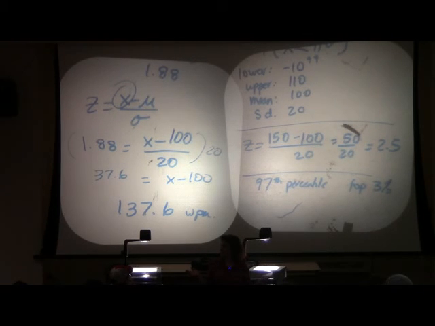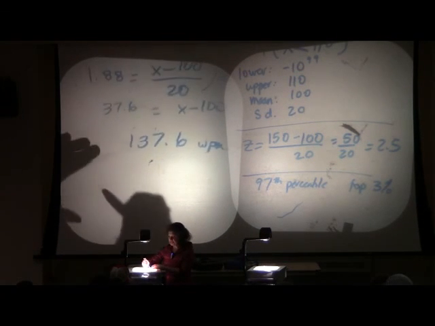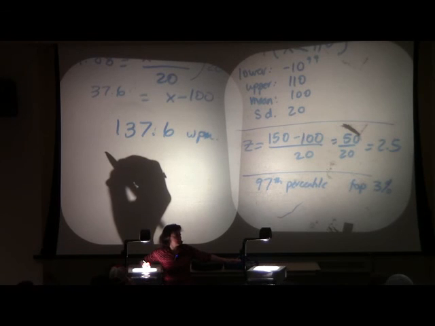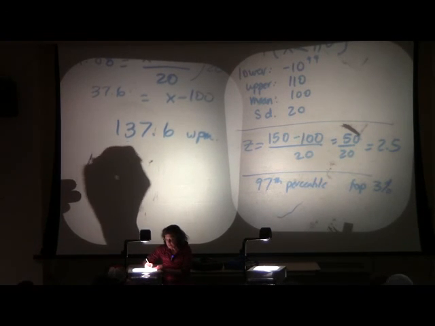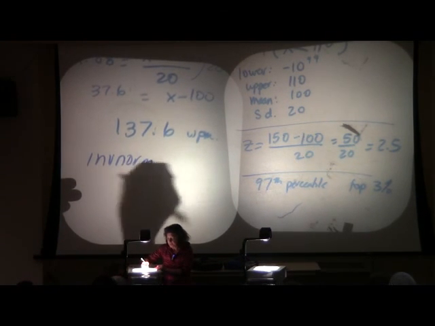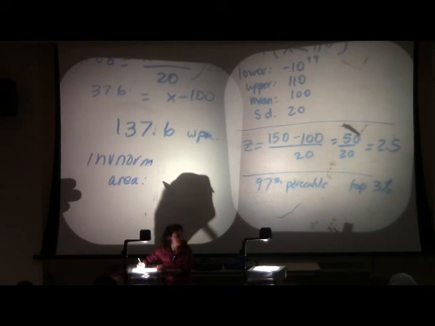What do you think of this stuff? Hard, easy? Yes? So on the calculator, standard deviation. Yes. It's the same standard deviation. So if this question was asked with the other calculator, when you hit inverse norm, the first thing it'll say is area.